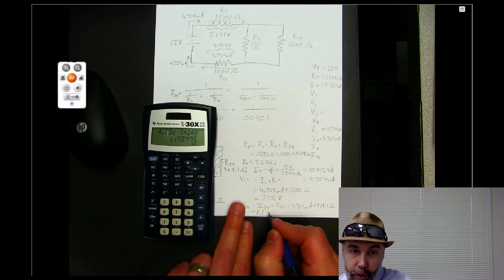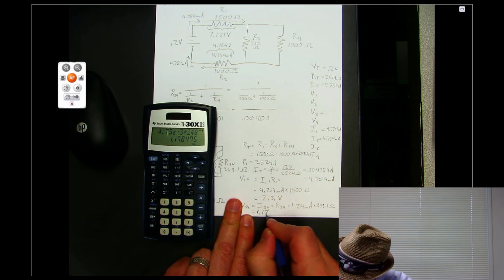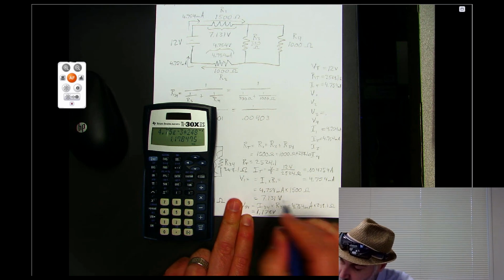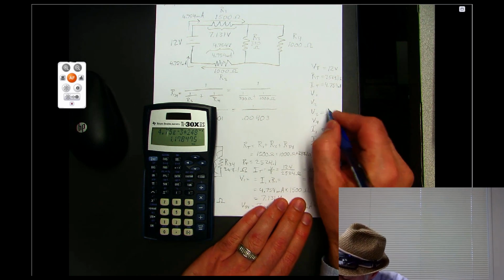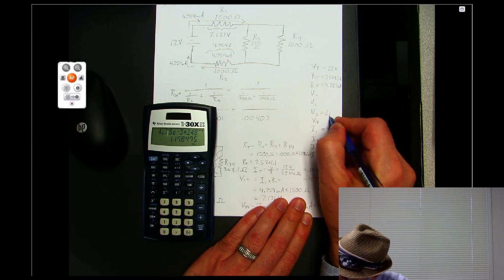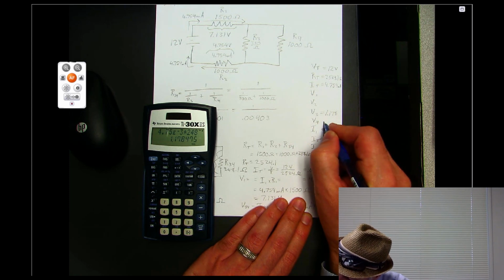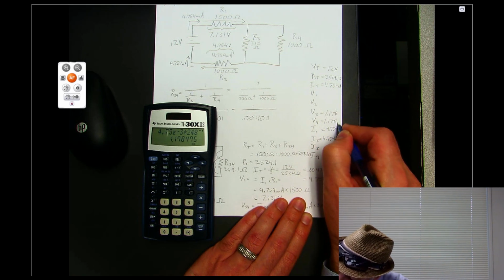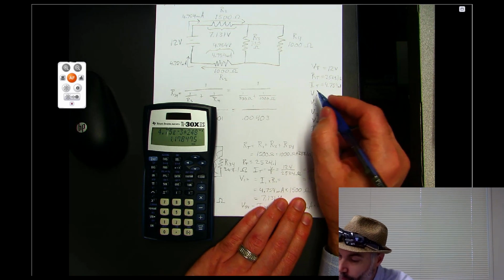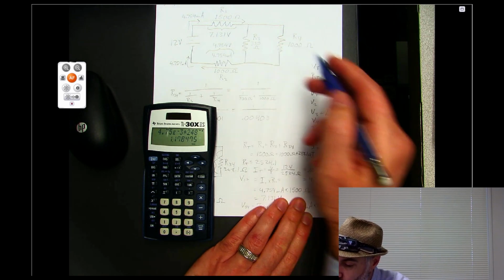So 1.178 volts, okay? So that is V3 and V4. And we know V1, we said, was 7.131.